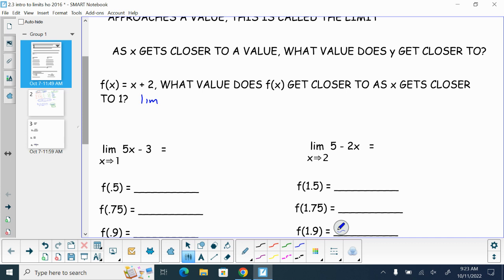Underneath this, we put our x variable and a little arrow. This tells us a limit as x gets closer to 1, or as x approaches a value of 1. So this is our limit as x approaches a value of 1 of a function, which is f of x, or we could write a limit as x approaches 1 of x plus 2.